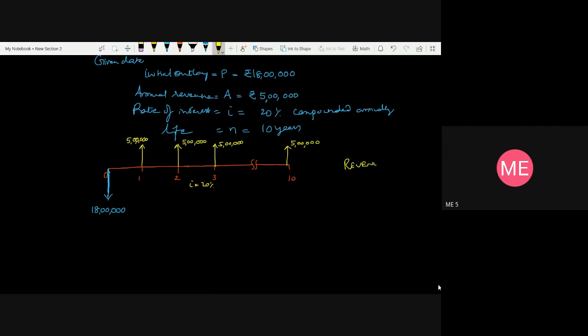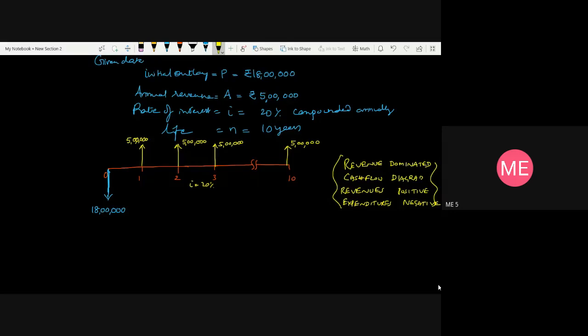In a revenue dominated cash flow diagram, all the revenues will be taken as positive and expenditures are taken as negative.